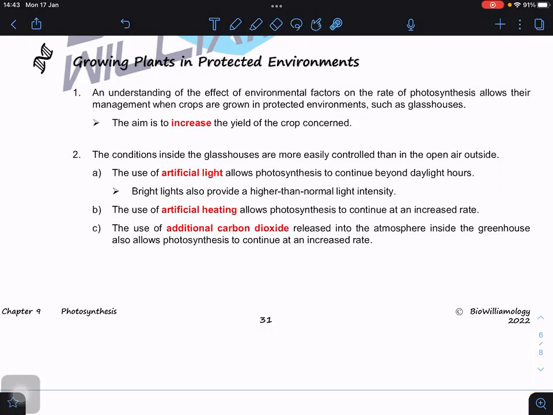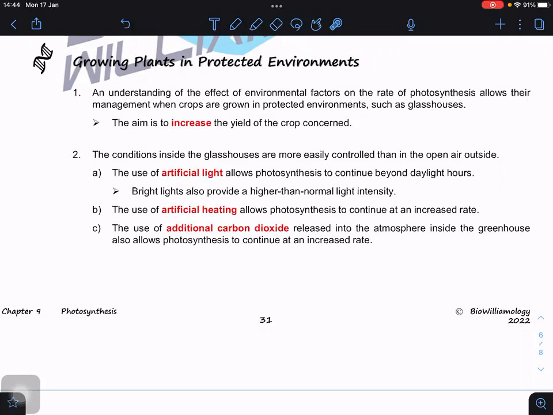Don't shine green light on the plant because you think they like green; basically, you are wasting your money. So we can supply artificial lights, artificial heaters, and also additional carbon dioxide, so that with these three factors the company will earn more profit because the plant will give more yield.